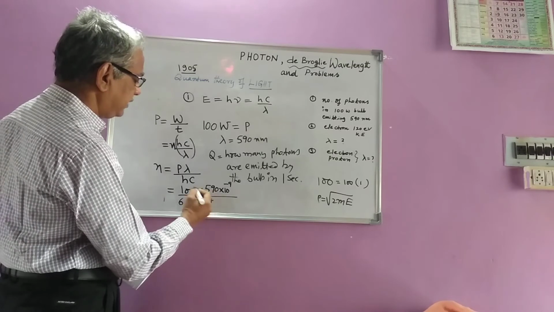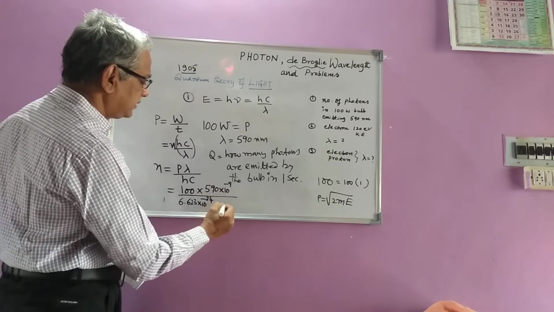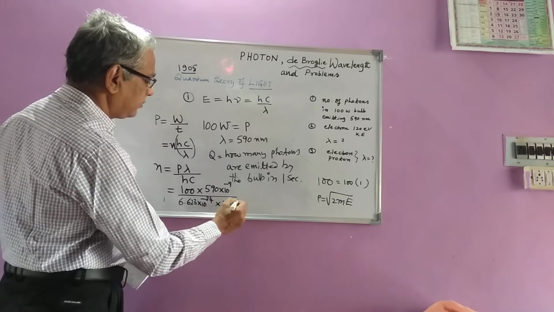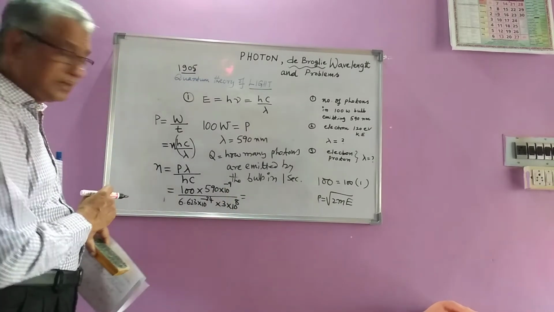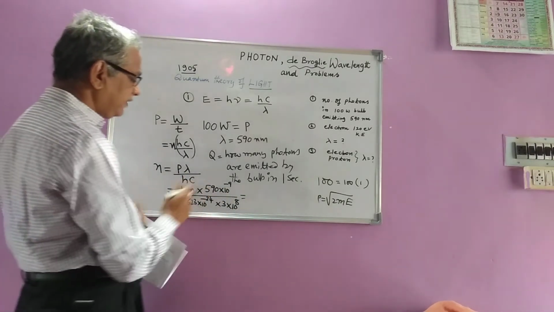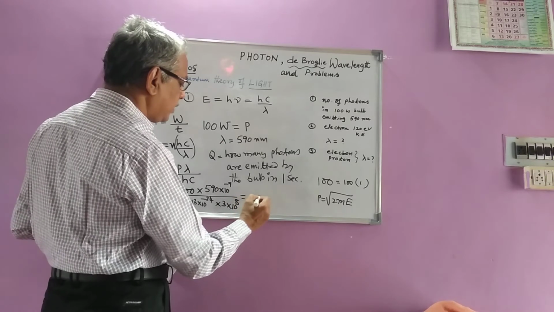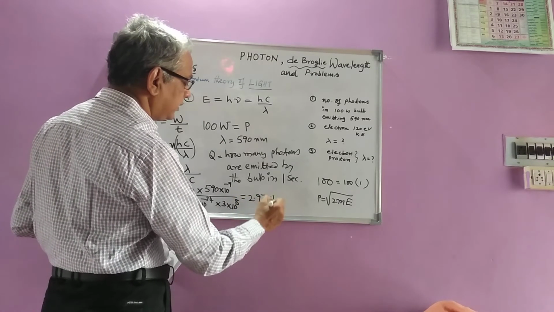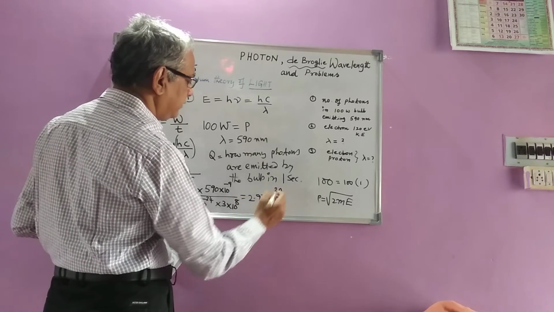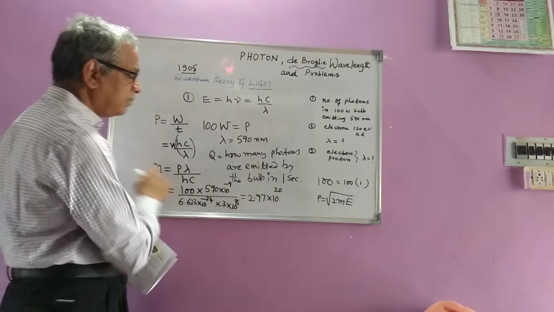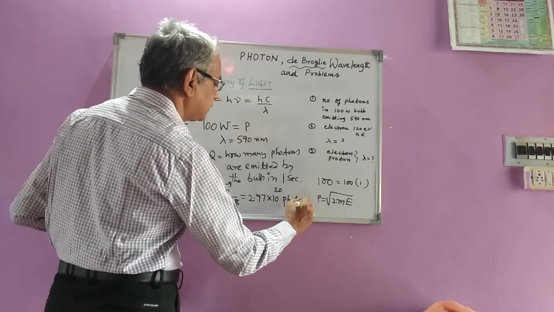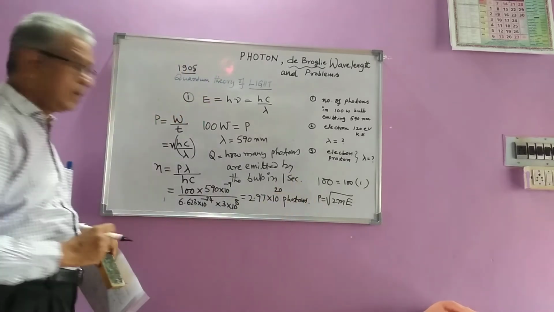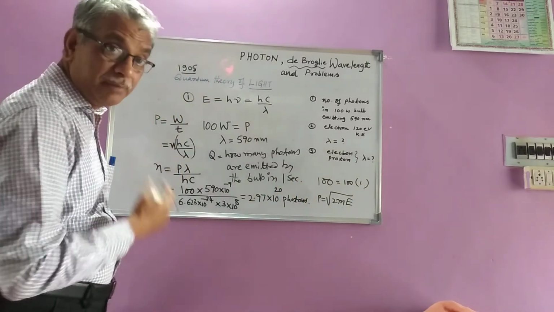This is joule second units, and c is 3 into 10 to the power of 8. And if you simplify this, you will get 2.97 10 to the power of 20. This is n, the number of photons. Therefore you get so many photons coming out from a 100-watt bulb per second.